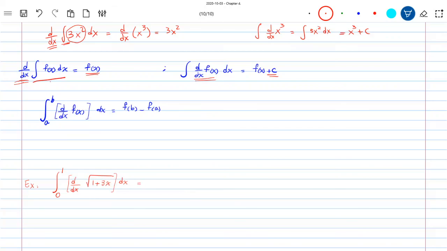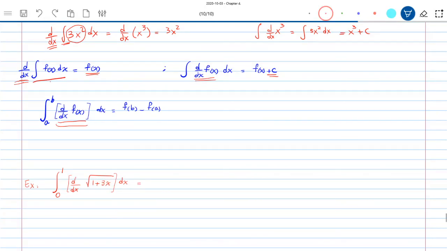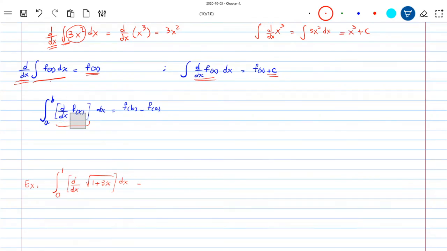These two are not that complicated, but if you're dealing with the derivative inside the function, or an integral where the integral has upper and lower bound, that means it's a definite integral. And basically what you get is the derivative will give you a function where the antiderivative of that would be simply f of x, and then evaluating at the two endpoints of the boundary would be f at b and f at a subtracted from each other.